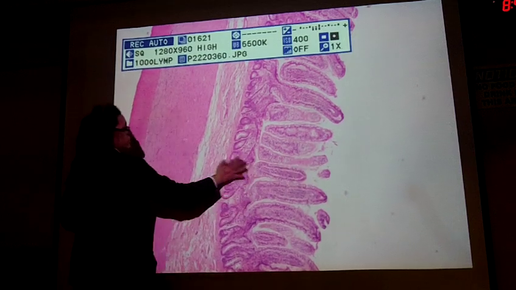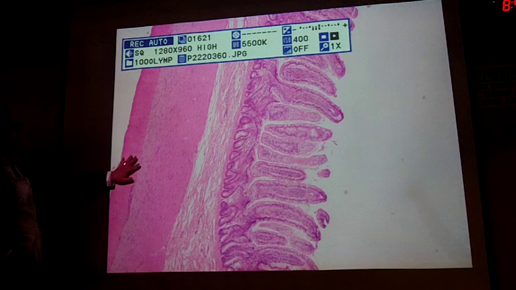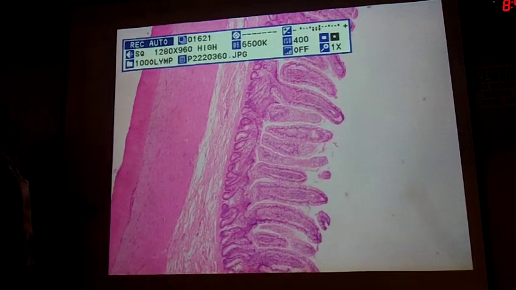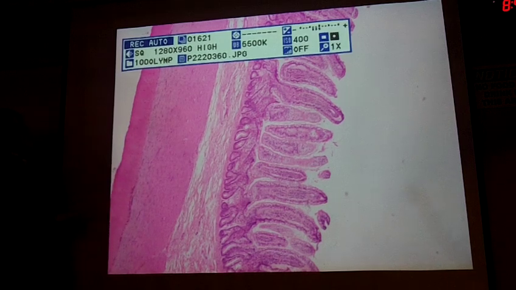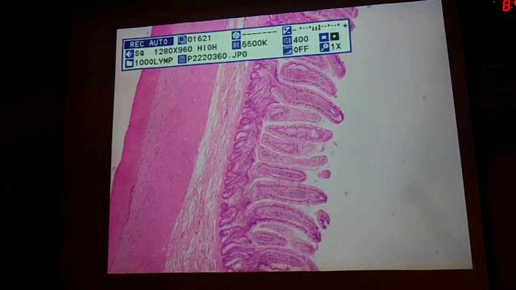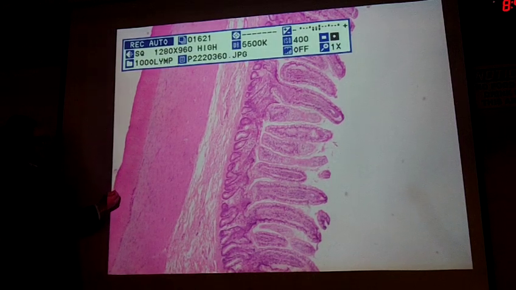So mucosal tunic, submucosa, and then down here you can really nicely see muscularis externa. You can see your circular and then longitudinal layer of smooth muscle cells. And then way out here, just covering all this, would be your serosa.